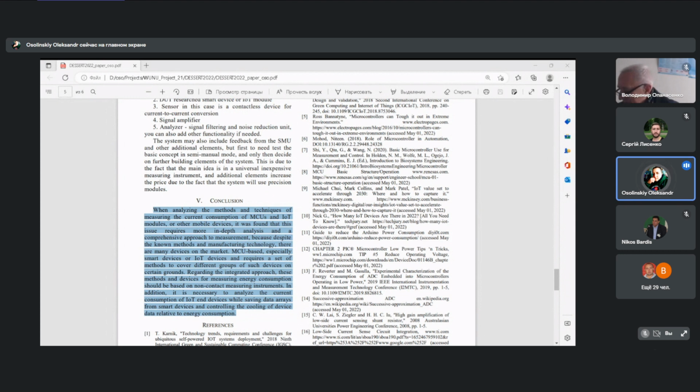For this we need a deeper analysis of this field, to divide IoT devices into specific groups for analyzing.